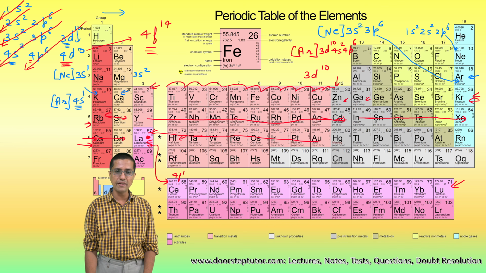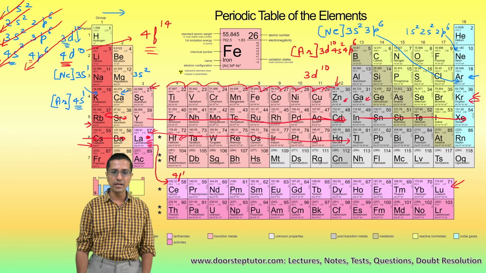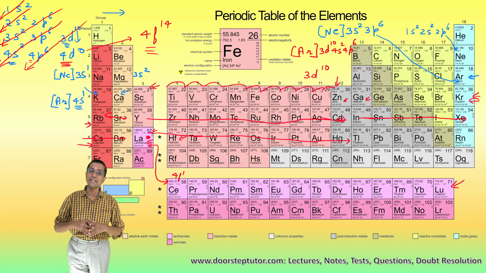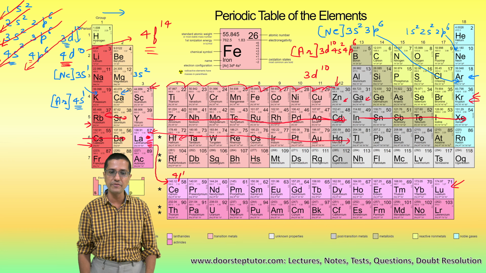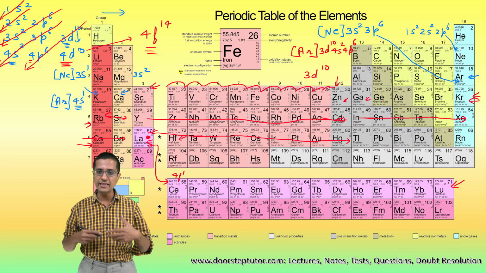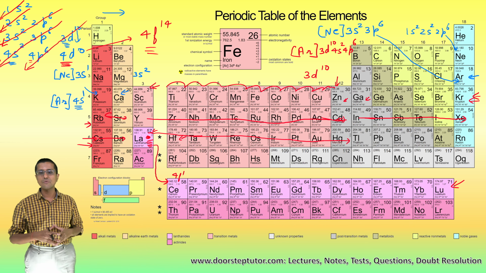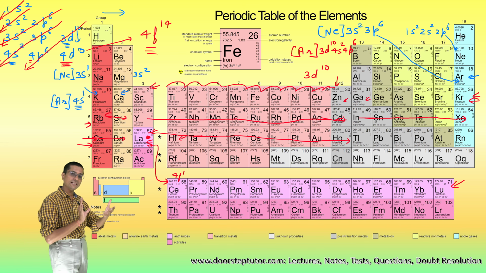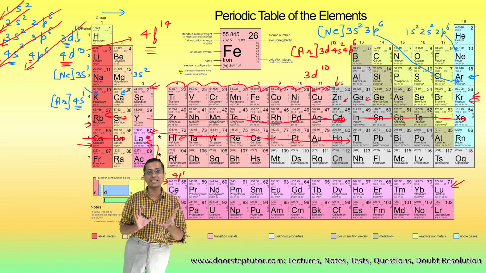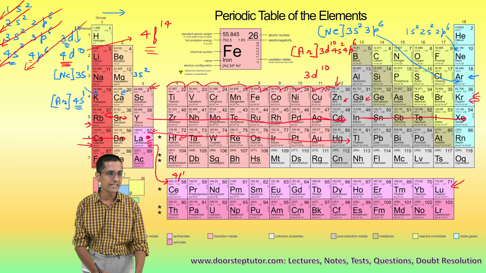The 5d orbital is what we are filling now, and then we reach mercury. Mercury has 5d10, the 5d shell is completely filled. Then we go to thallium and so on until we reach radon, where we are filling the 6p shell. And that is the 6th period.